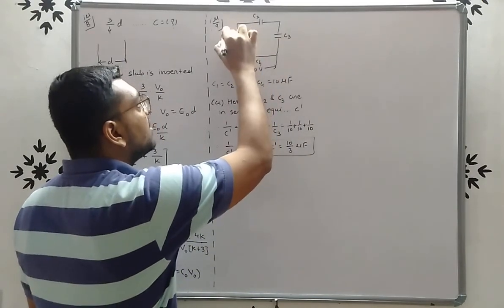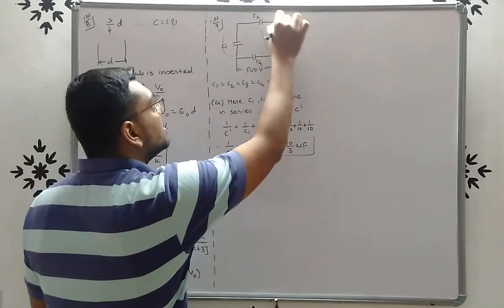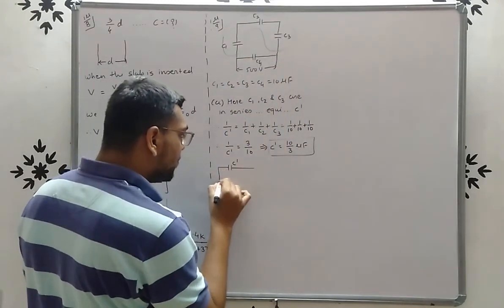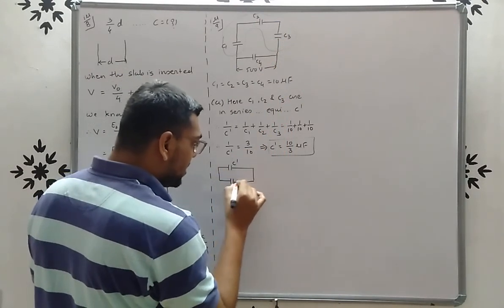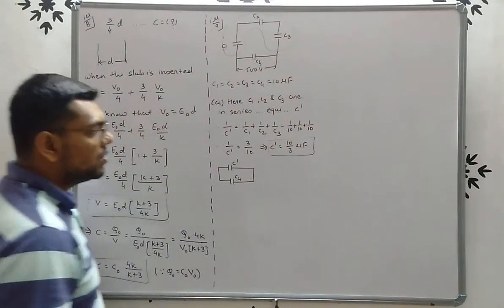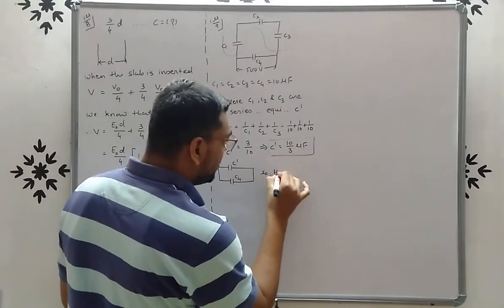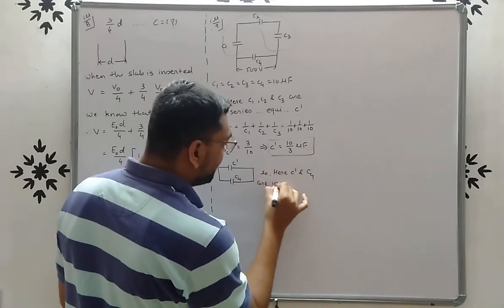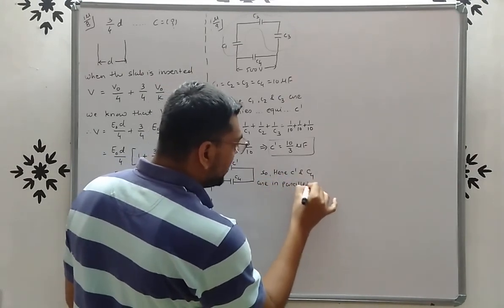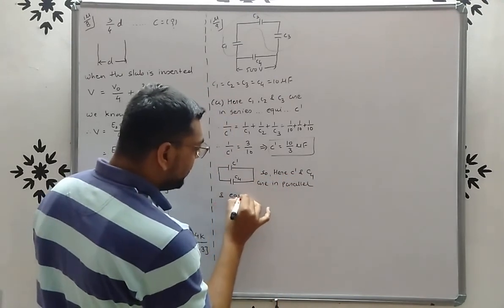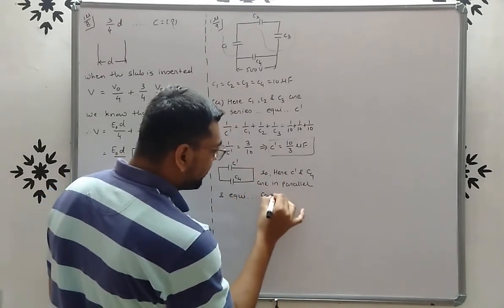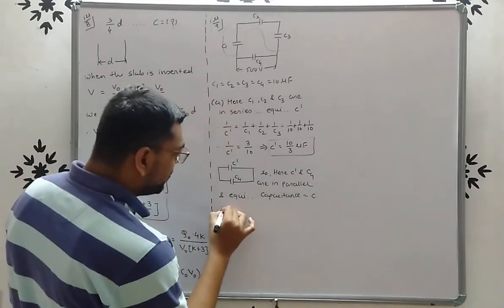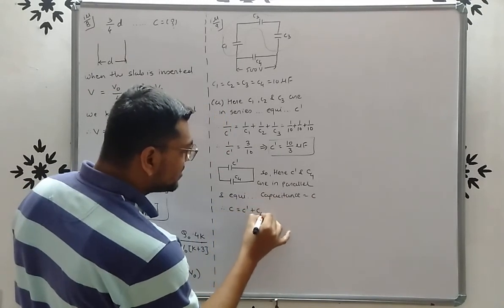Now this equivalent capacitance of C1, C2 and C3, C dash, is in parallel with capacitor C4 like this. Right? So this is C4. So here C dash and C4 are in parallel and the equivalent capacitance is C. So we get C is equal to C dash plus C4.